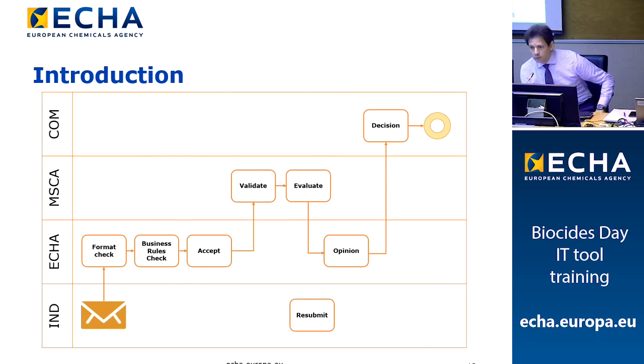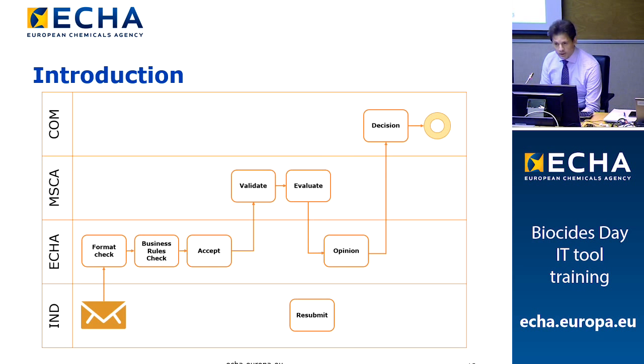Good afternoon, welcome back. So I think we can start with the afternoon session. The first exercise that we would like to go through is the one which is shown in this chart here, and it is the application for active substance approval.